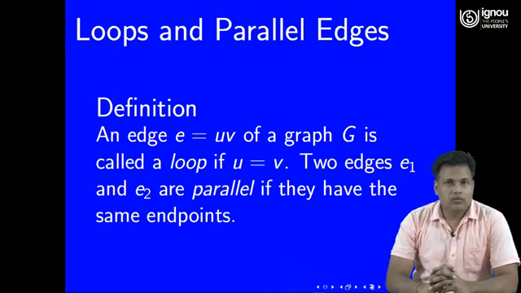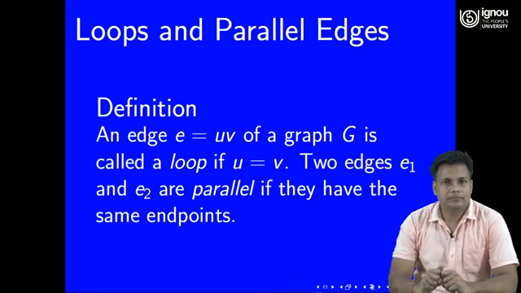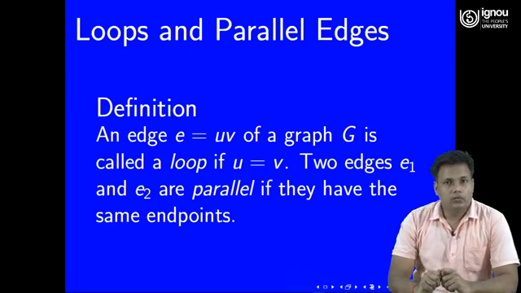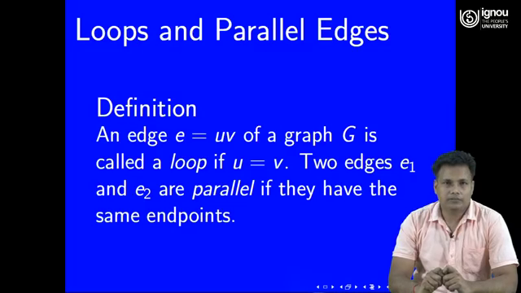Now we shall talk about the concepts of loops and parallel edges. An edge e = uv of a graph G is called a loop if u equals v. That means an edge is called a loop if both its endpoints are the same, as we have seen in the previous example. And 2 edges e1 and e2 are called parallel if they have the same endpoints.